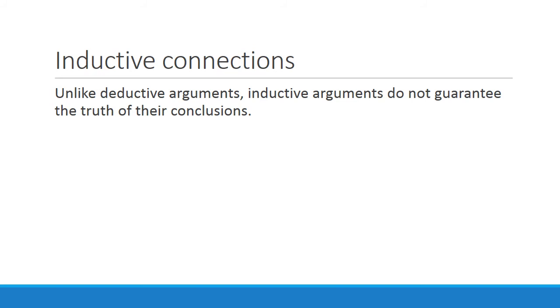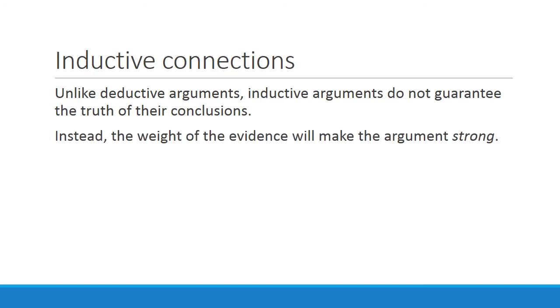But with an inductive argument, what you have is a spectrum from weak to strong. There will be arguments at the furthest end that are absolutely strong. Anyone who reads it will say, yeah, that's a strong argument, and I'm fairly convinced that the conclusion is true. And there will be other arguments on the other end that are clearly weak, and everyone will agree, that's weak.